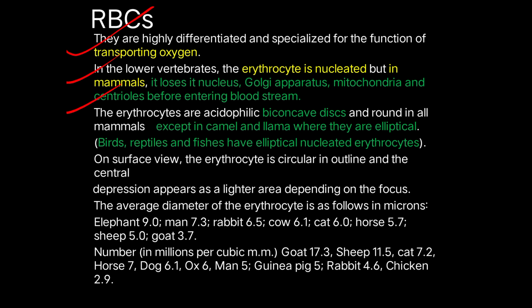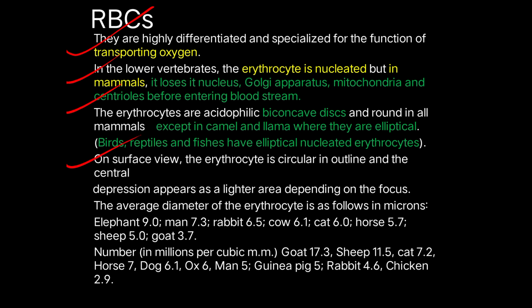Erythrocytes are acidophilic biconcave discs, round in all mammals except the camel and llama, where they are elliptical. So the shape of the cell is very important. Birds, reptiles, and fishes have elliptical nucleated RBCs or erythrocytes.